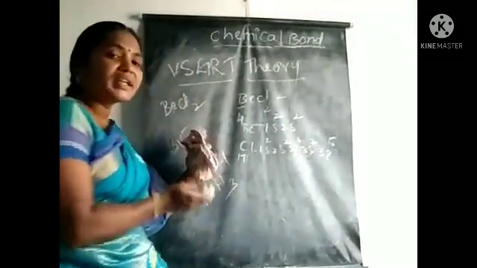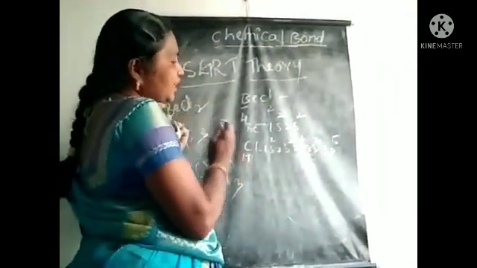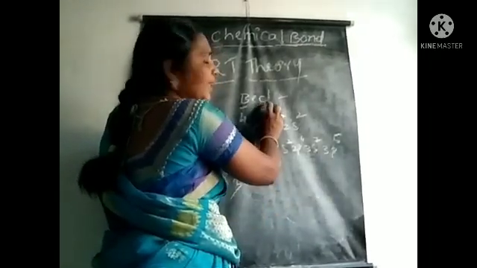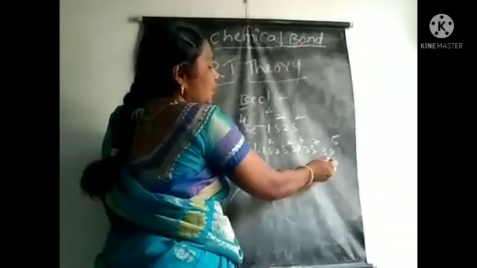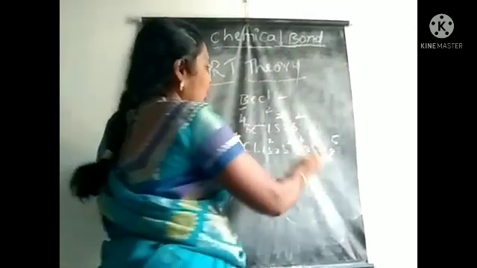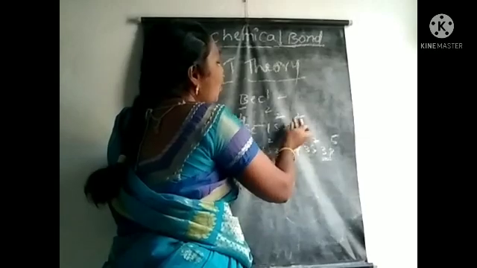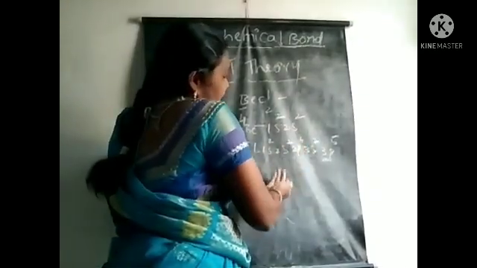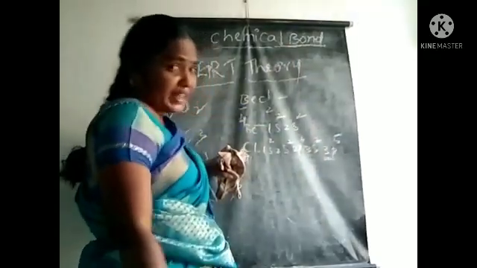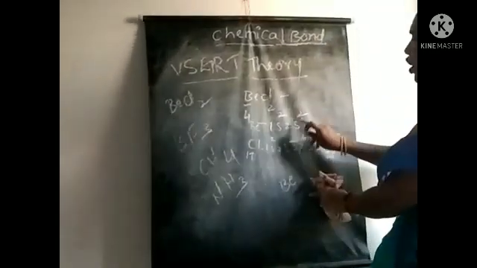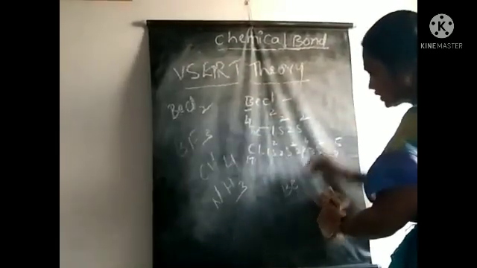Here, the bond BeCl2 is formed. Observe the 2 chlorine atoms. Each chlorine bonds with 1 electron. Here, one chlorine takes 1 electron from Be and another chlorine takes another electron from Be. In beryllium there are 2 electrons.